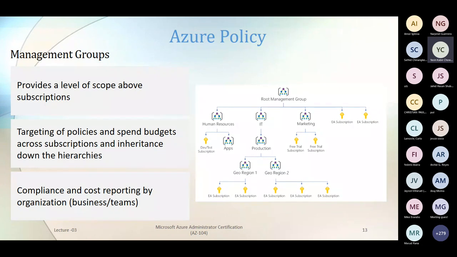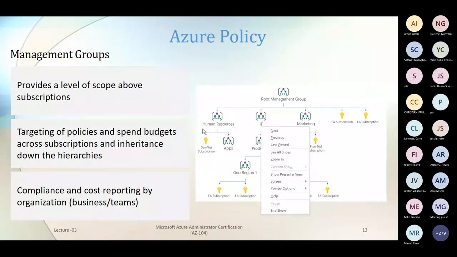There is one group, and under this human resources there is one subscription, dev test, and another one is apps. So if you put any policy on human resources, then automatically that policy will be enforced on dev test and apps also. So this is going down hierarchically.